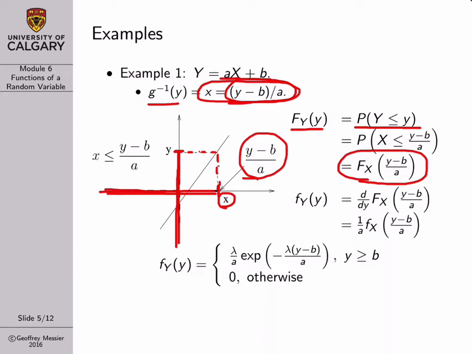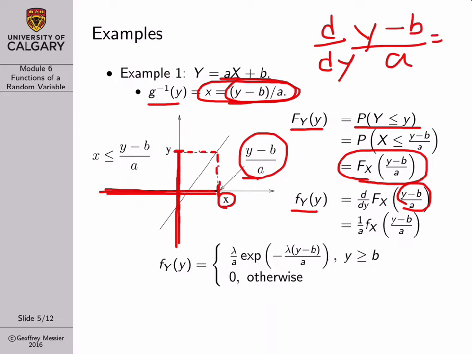Now, we also want to find the PDF, and in general we do want to find the PDF. We work with PDFs maybe a little bit more than CDFs. So the PDF of y is equal to the derivative of F of x with respect to y, with y minus b over a as an argument. Now, the derivative of y minus b over a is just equal to one over a, and this is the final expression.